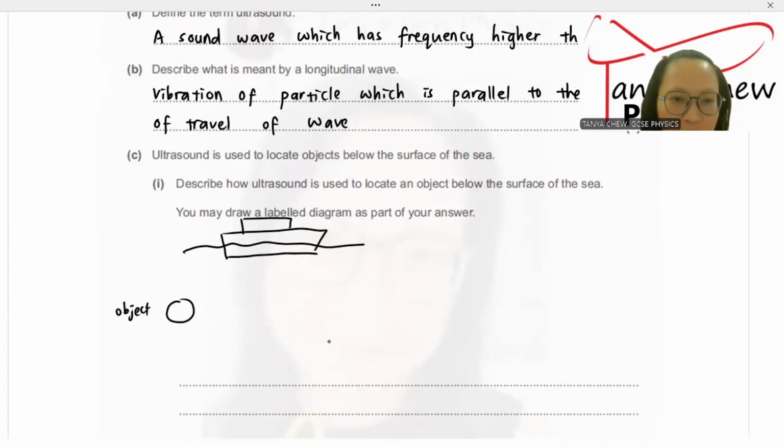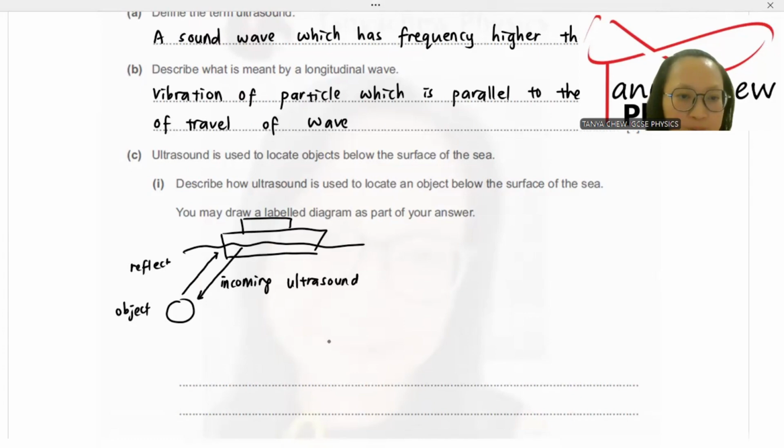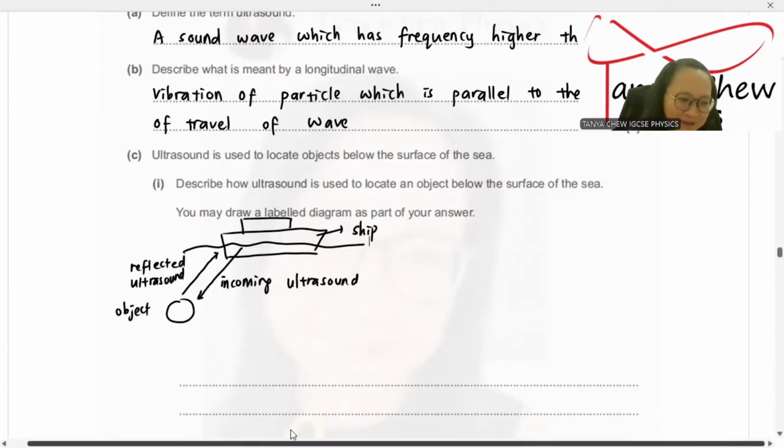So I have ultrasound coming from the boat, incoming or incident ultrasound. And then the object will reflect the ultrasound back to the boat, and it is detected by the boat. Reflected ultrasound.